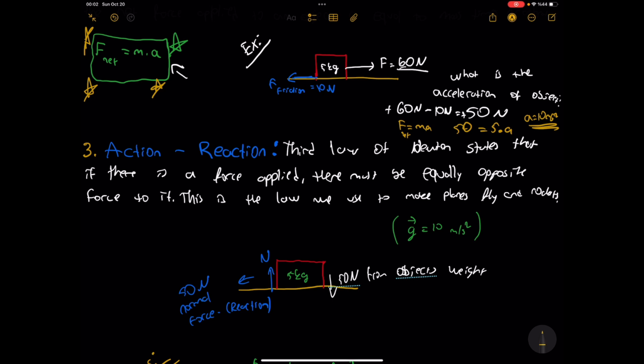The third and final law of dynamics is the action-reaction force. The third law of Newton states that if there is a force applied, there must be an equal and opposite force to it. This is the law we use to make planes fly and take rockets to outer Earth orbit.